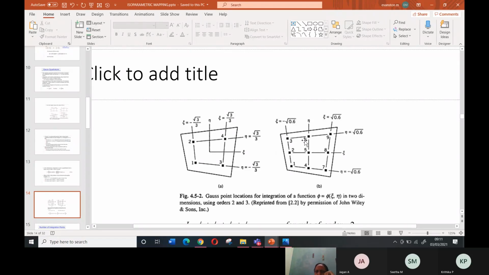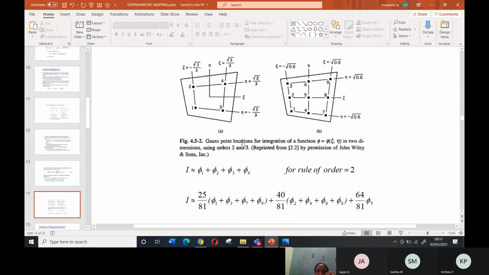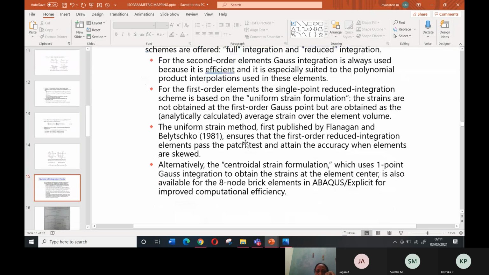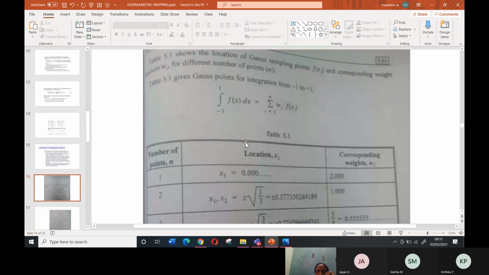Then I can take the values as xi, epsilon, equal to minus root of 0.6, and xi equal to plus root of 0.6. If you take the points like that and do the numerical integration, you'll get the exact solution. We will do a problem, then you will understand the meaning of that.